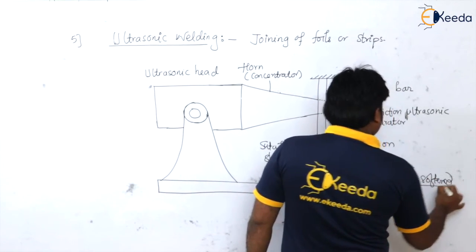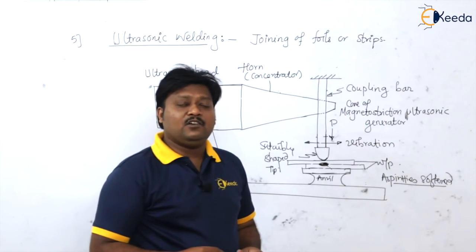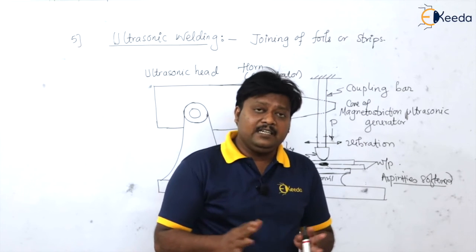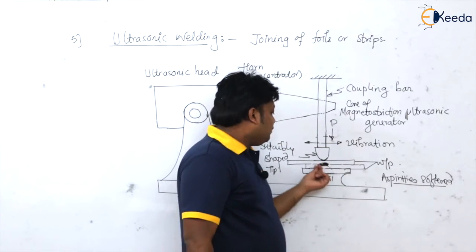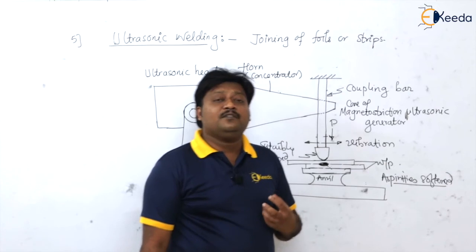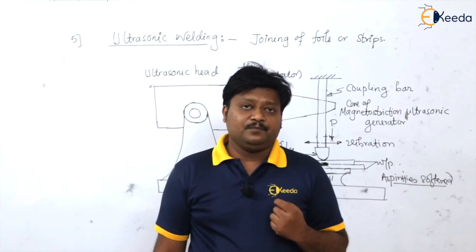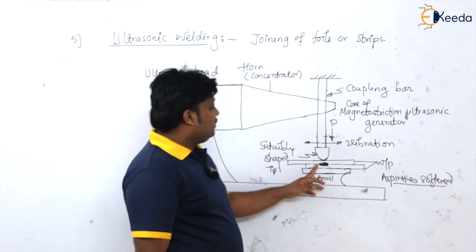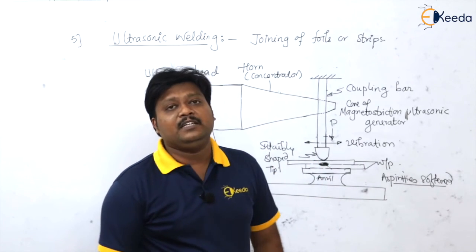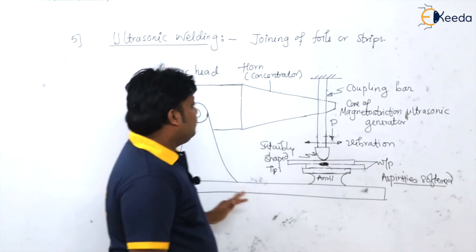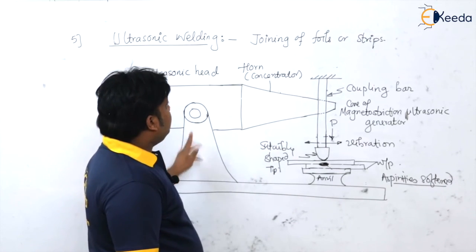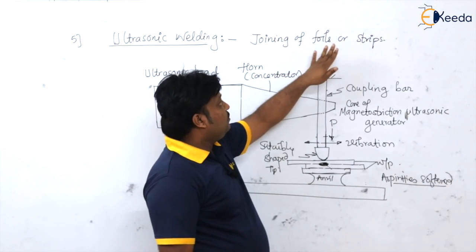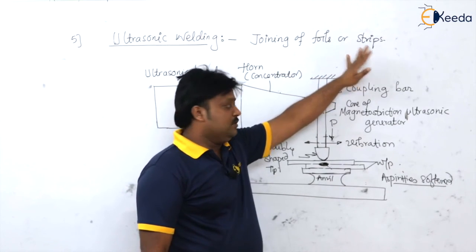So once the brittle oxide layer fails, and second, the asperities become soft because of the localized heating, this is how the weld is going to form in the ultrasonic welding. Please remember, ultrasonic welding is used for joining of foils and strips.